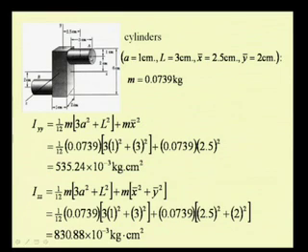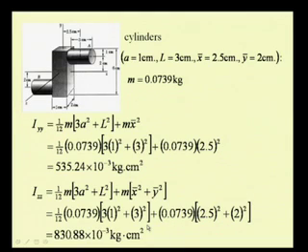It is equal to the second moment with respect to a parallel axis to this z plus the distance of this centroid with respect to this axis, which is equal to x bar square plus y bar square. Substituting the various values, we have the value as 830.88 into 10 to the power of minus 3 kg centimeter square.